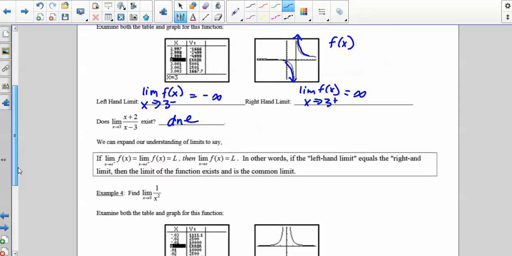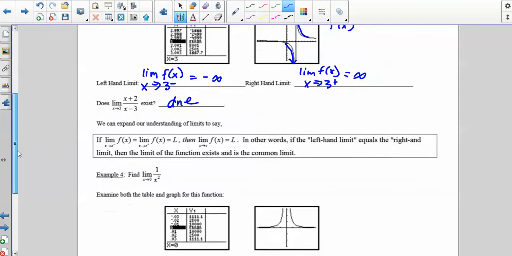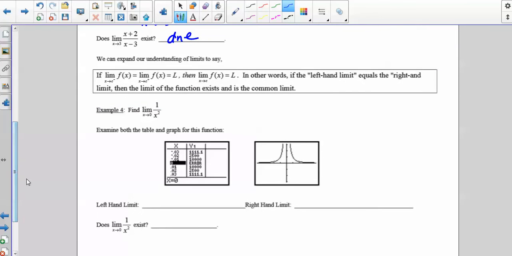And in this box, once again, we're saying that if the limit from the left equals the limit from the right, then the limit can equal that value, it can exist. Here's another rational function. This time the left-hand limit is going to positive infinity and the right-hand limit is also going to positive infinity. So let's practice writing that one more time.